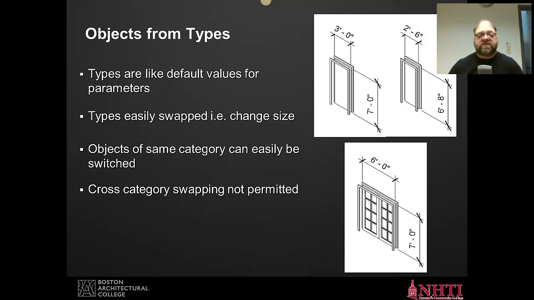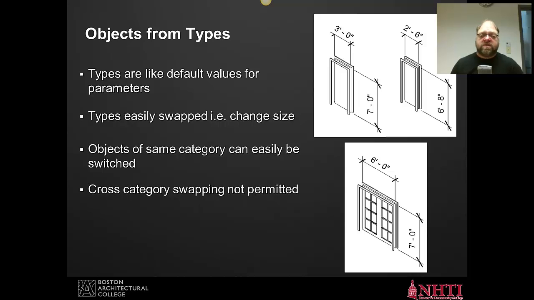So in this example, I'm showing a 6'8" by a 2'6" door and a 3'0" by a 7'0" door. And there could be another bunch of sizes as well. So you think about the way that item typically comes, you can make types for that so you don't have to fill in those values. Those are standard pieces that you would use, so you can make types from these things.